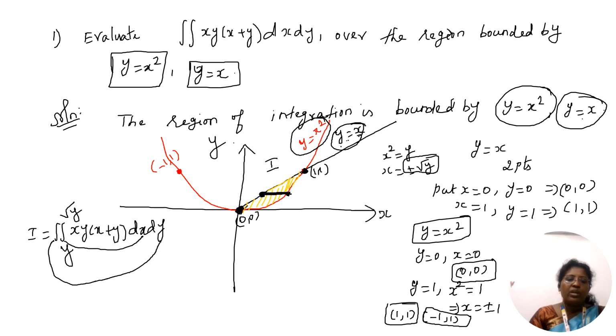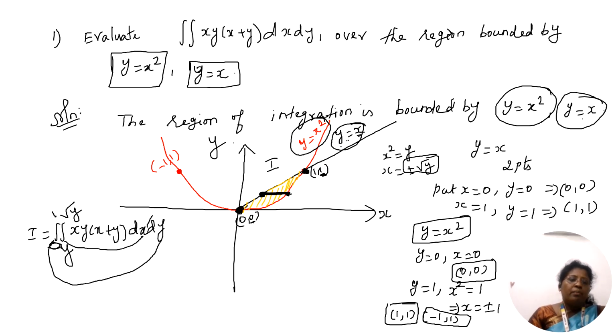Because we are finding only the y limit. At the origin, the value of y is 0. So start from 0; this is the lower limit. And this is the maximum point. At this point, what is the value of y? From the point itself, we can know that the y value is 1. So the upper limit is 1. Like this, we have to find the limits.